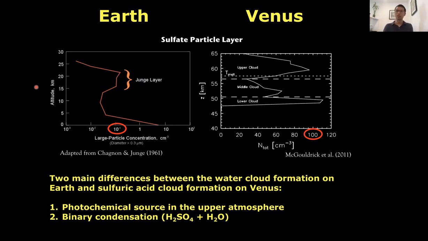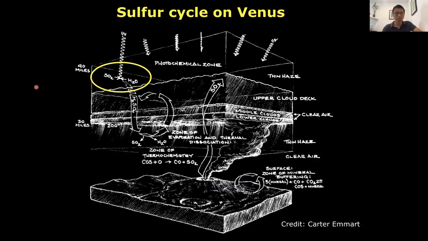So they play with each other, because once you change your acidity, you change your saturation vapor pressure, change your condensation rate, and change your acidity again. It's a very complicated system, so it's not easy to understand.